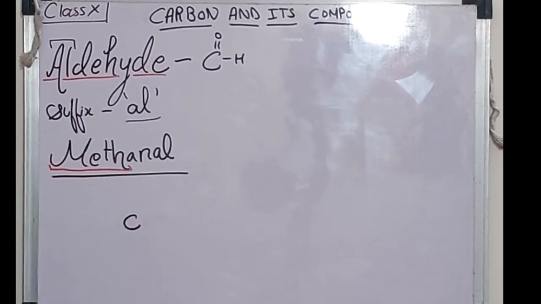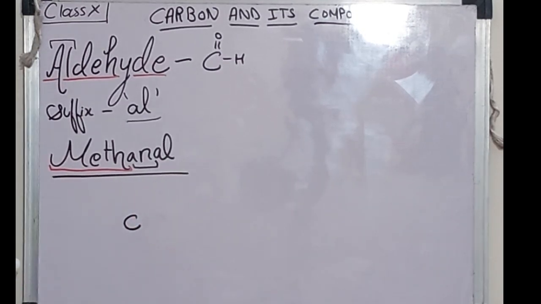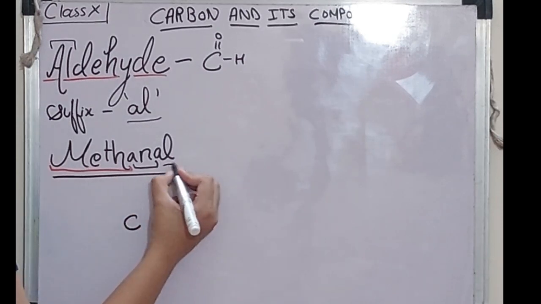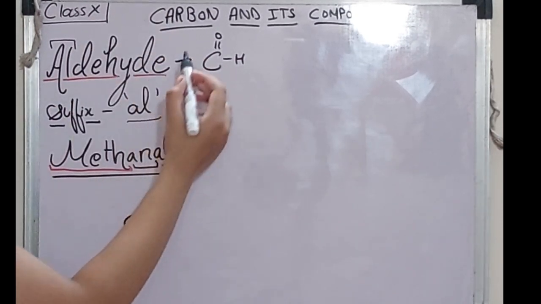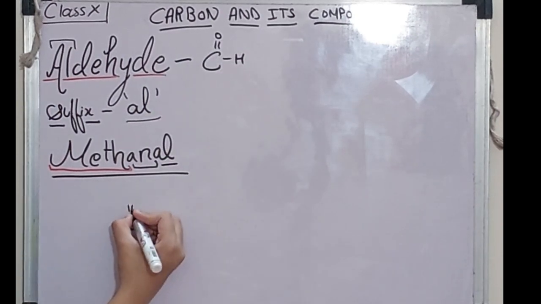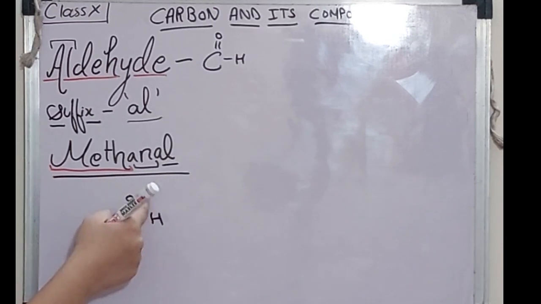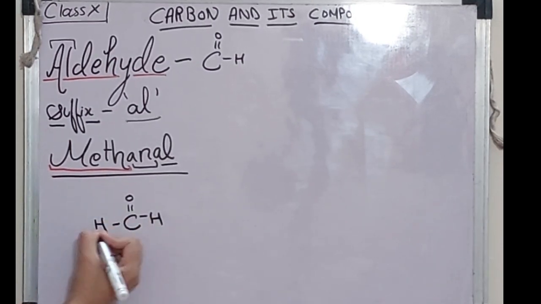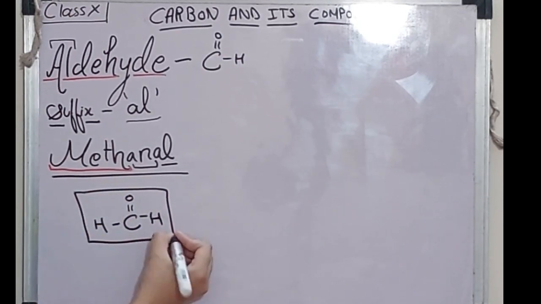So drawing one carbon, then An tells me that all are single bonds, followed by this Al, the suffix for aldehyde, which tells me that it will have a double bond with oxygen and a single bond with hydrogen. So 1, 2, 3 and completing the valency. This is what your methanal looks like.